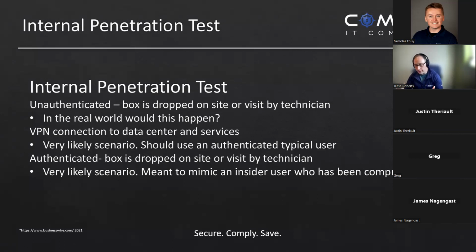If they are already there, it's highly likely that they already authenticated in with some other service. So why wouldn't you want your test to replicate that type of scenario? That's why I pose the question: could that really happen? And the answer is no.